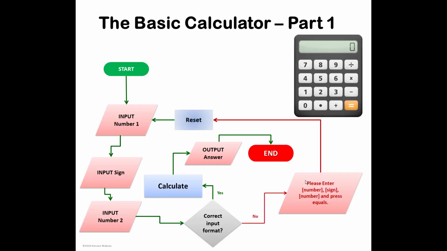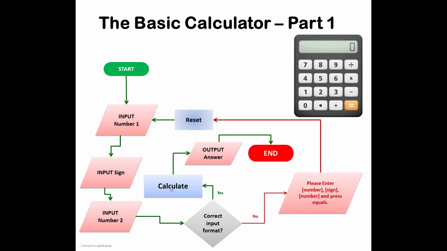Right. Here's an example of a flowchart for a basic calculator. Okay, you're gonna start, input a number, then go down, input a sign, input a second number, then it moves on to checking if you entered them right. Is the input format correct? Number, sign, and number. If yes, then work out the answer.